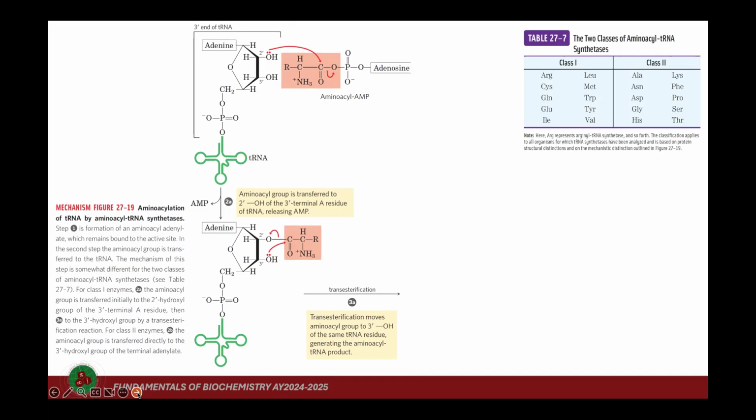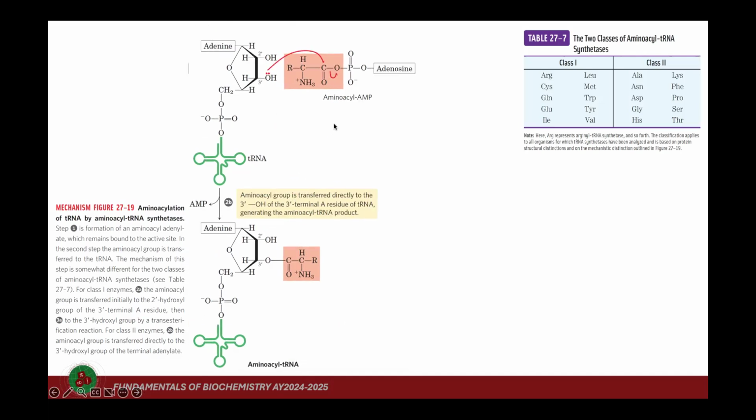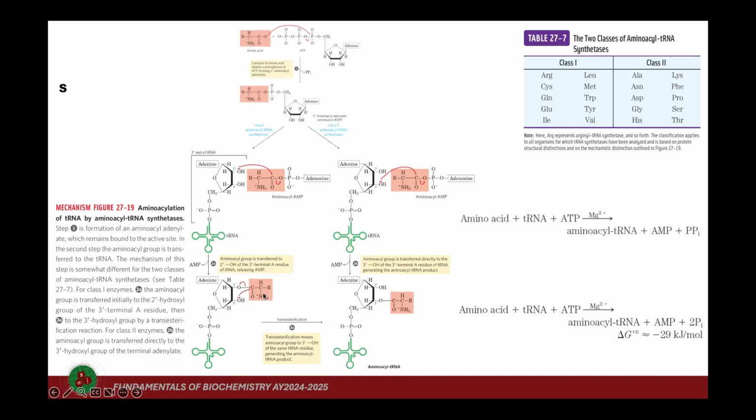Maybe for class 1 synthetases, the 2' OH is more proximal to the carbonyl carbon, which is why it is the first OH group that attacks. Versus for class 2 synthetases, it's the 3' OH that is more proximal to the carbonyl carbon, which is why it can directly bind to the amino acid. But that's for a different topic, which we will not be discussing because it's outside the coverage of our class.